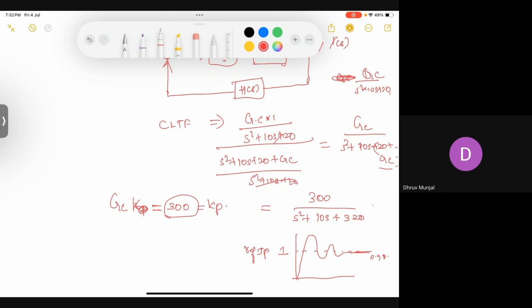Similarly, in MATLAB, you can add a derivative term to this and see how it brings down the sluggishness. Or you can add an I term and see how quickly it is coming to the set point, and what is the maximum overshoot it is giving. You can try all these combinations and find how well it suits your system.